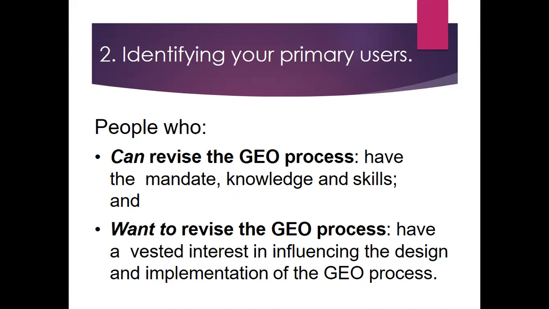They may or may not be technocrats, but these are people who may have interests where they are being affected by something environmental, and they feel that the GEO process does not address their particular concerns. So these are people who would want to be able to influence changes in the process. But remember, the technocrats are the ones who will actually make the changes.